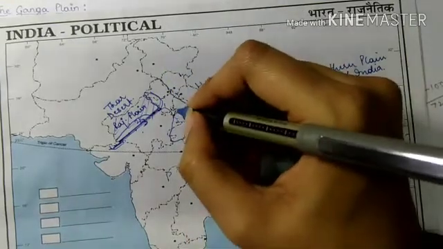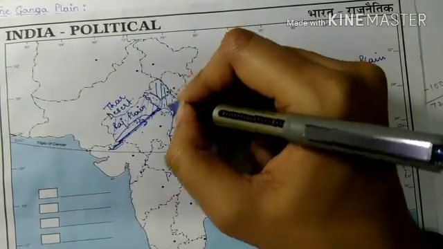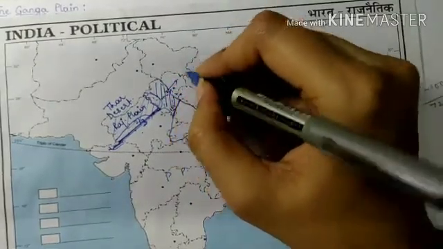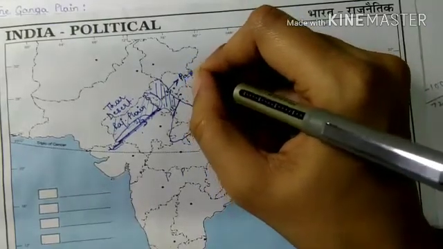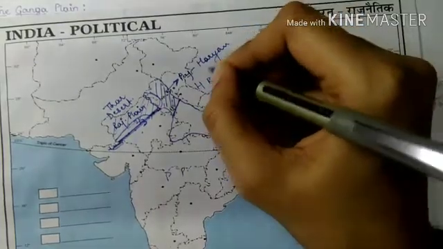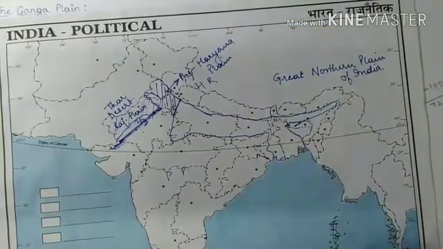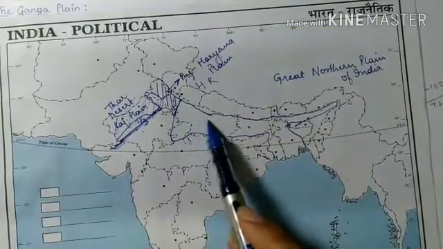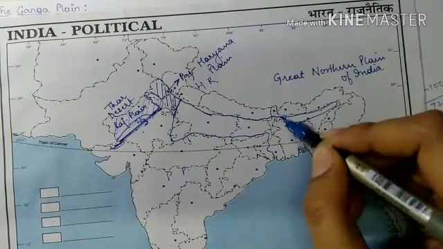Punjab Haryana plain is one of the fertile regions of the northern plain. Then after that we have the long stretch of Ganga till Brahmaputra in Assam.